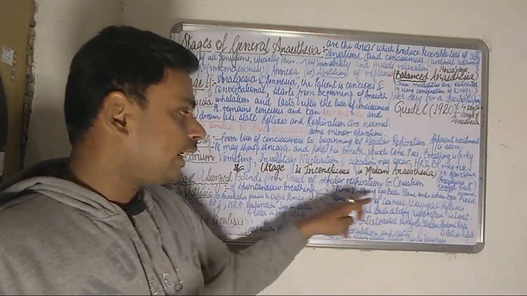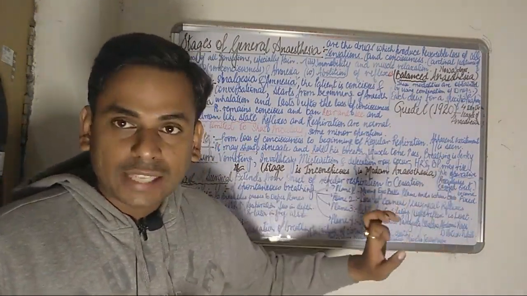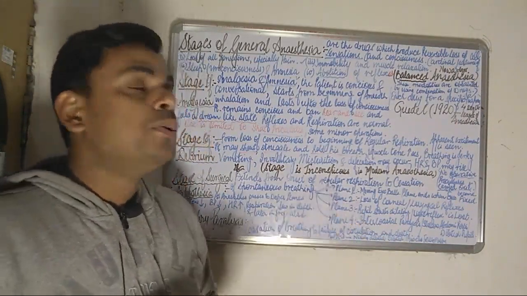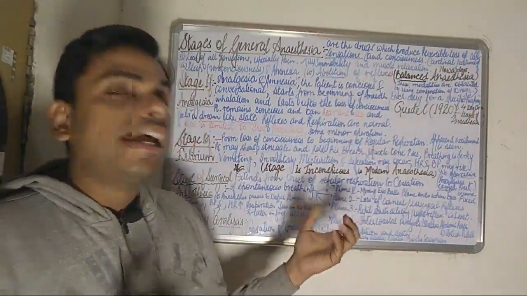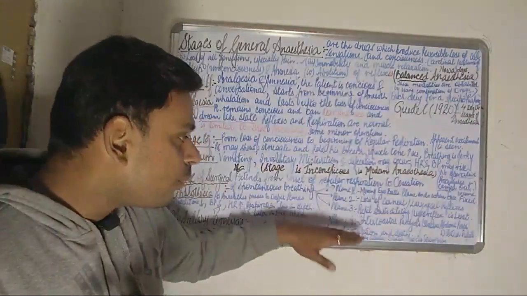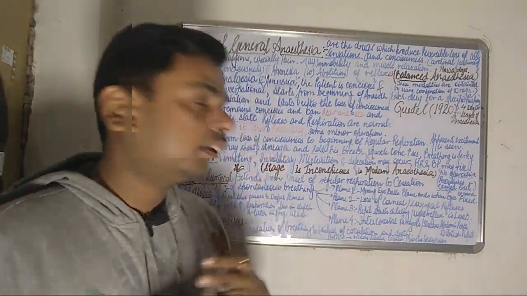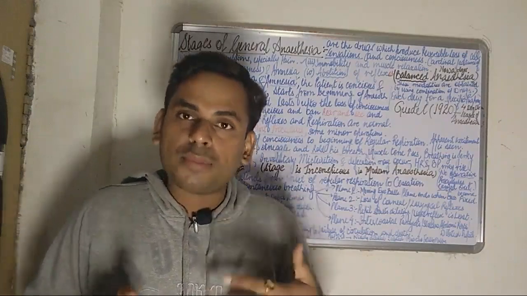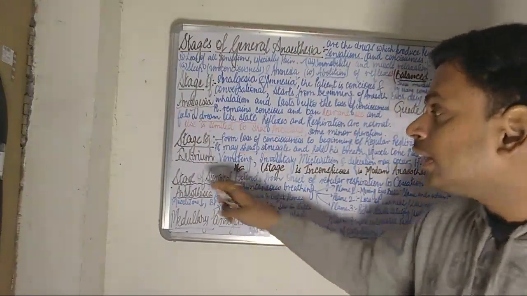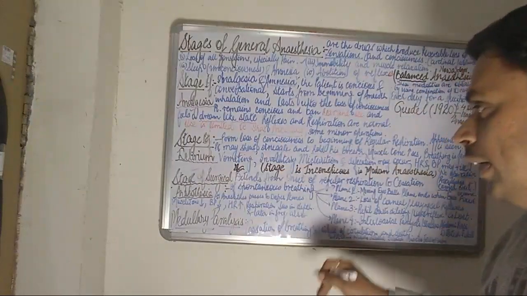In plane 3, the pupils start dilating, and ultimately the light reflex is also lost. In the fourth plane, intercostal paralysis occurs, there is shallow abdominal respiration, and dilated pupils are seen. So the third stage of surgical anesthesia is further divided into 4 planes.